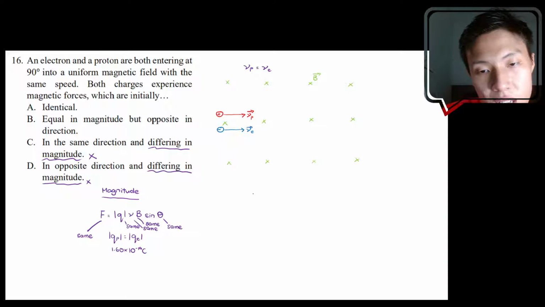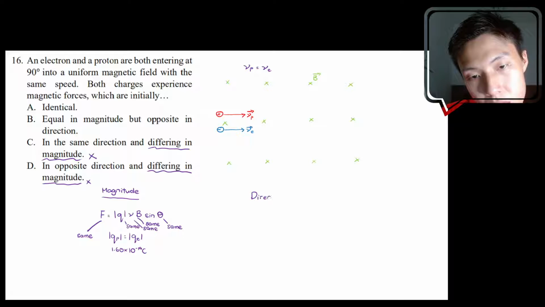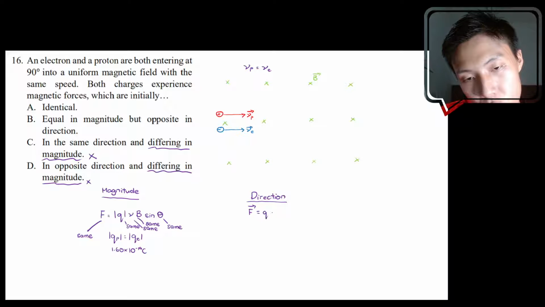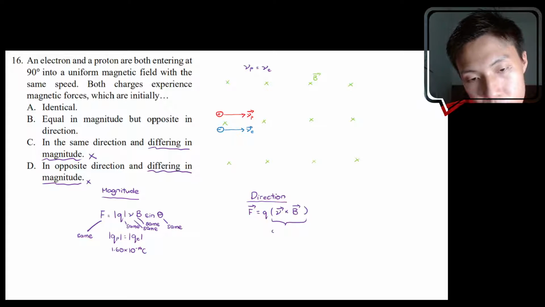Okay, so let's look at the direction. You know that the equation is F equals q v cross B. The v cross B over here is a cross product. When it's a cross product, you can use the right hand palm rule to determine the direction of the force.